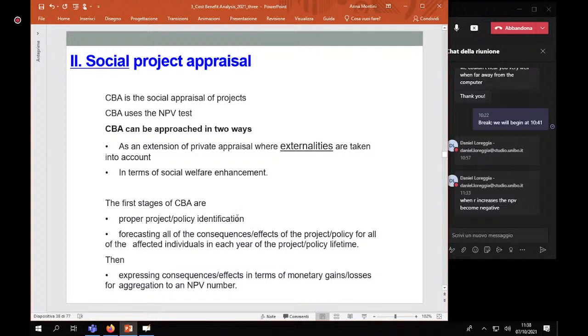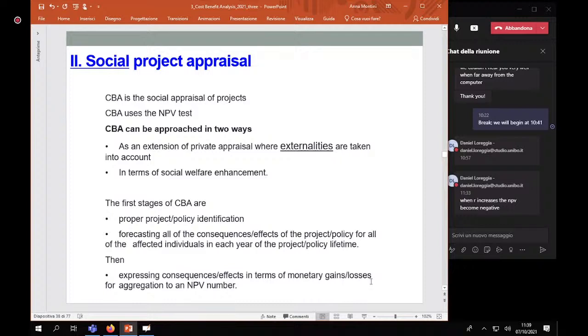You have to follow the usual stages for cost-benefit analysis. You have to identify your project or policy. You have to provide an estimation, forecast for all the consequences, all the effects of the project, of the policy, for all the affected individuals in each year of the policy project lifetime.